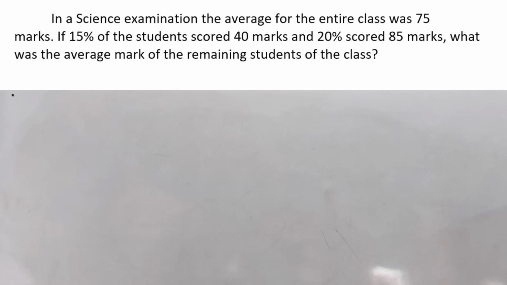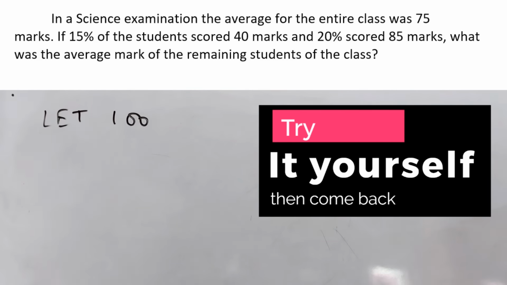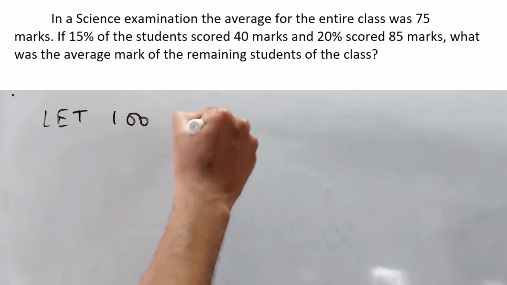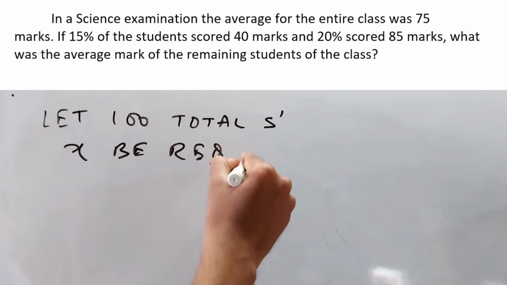Next one. In a science examination, the average for the entire class was 75 marks. If 15% of the students scored 40 marks and 20% scored 85 marks, what was the average mark of the remaining students of the class? Let 100 be the total number of students, and x be the required average, right?